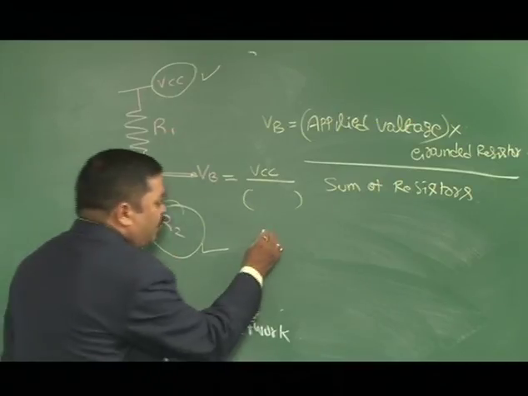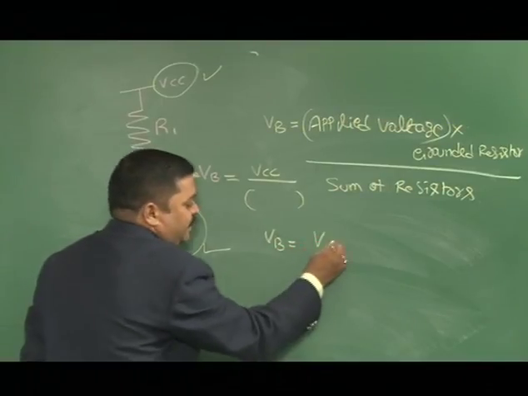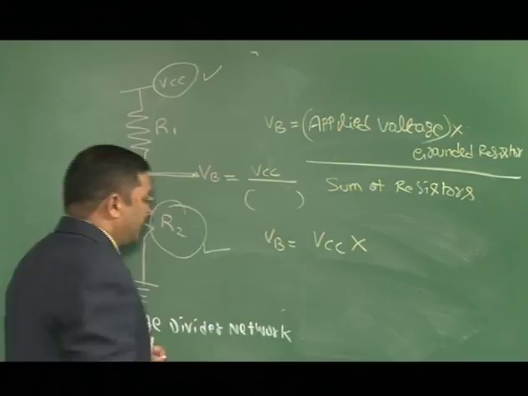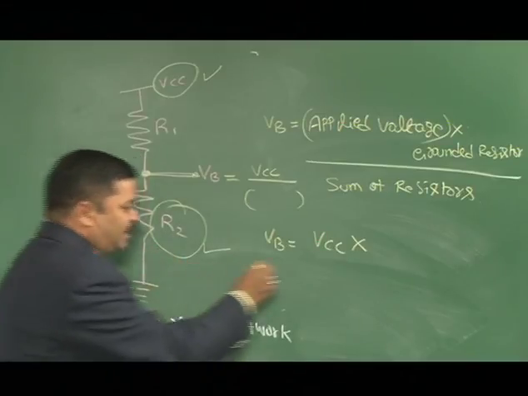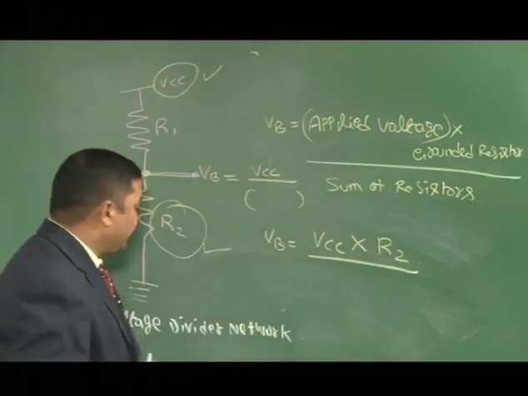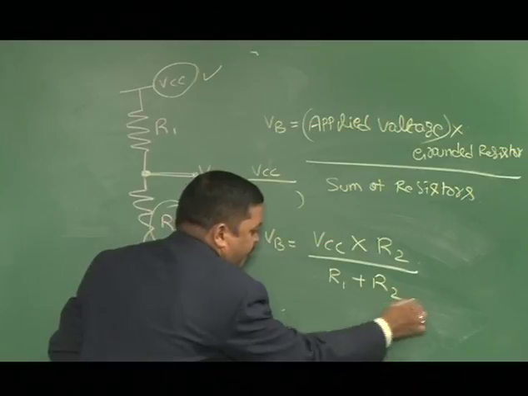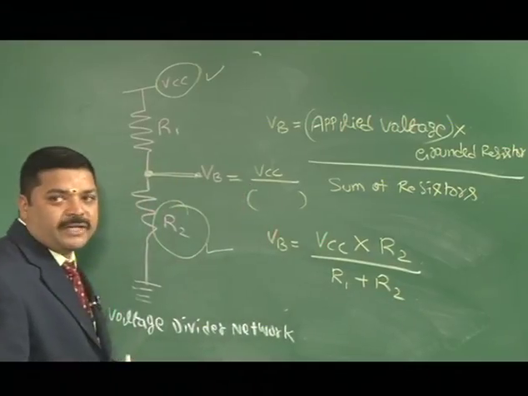Therefore, let us write what VB is. VB is given by applied voltage, which is VCC, multiplied by the grounded resistance R2, divided by the sum of resistors, R1 plus R2. So, this is the voltage VB.